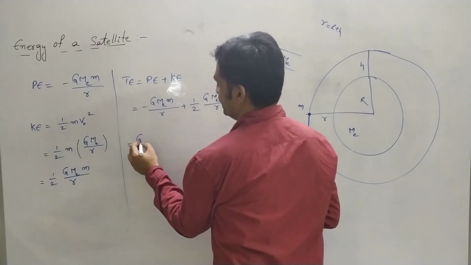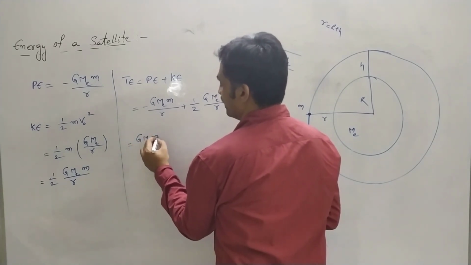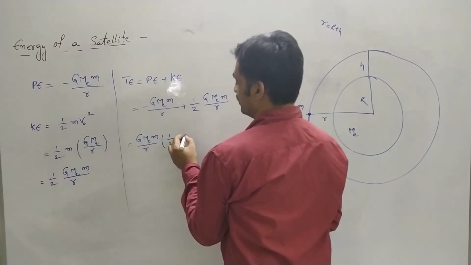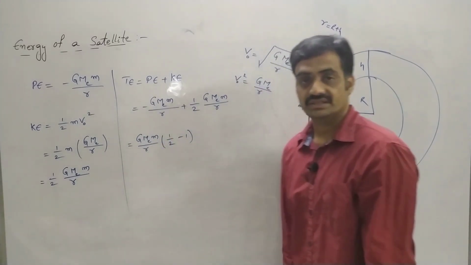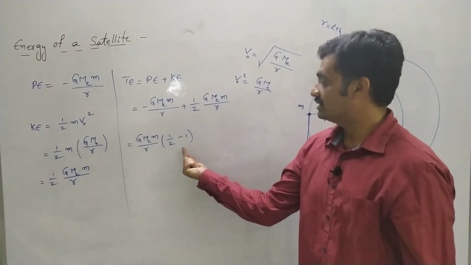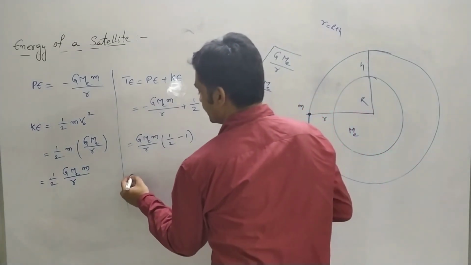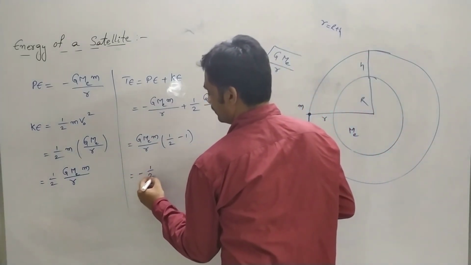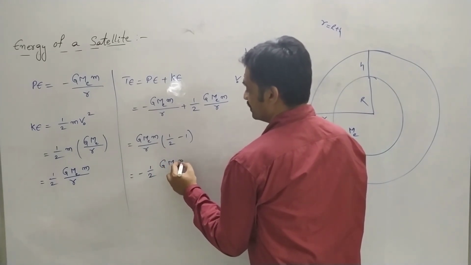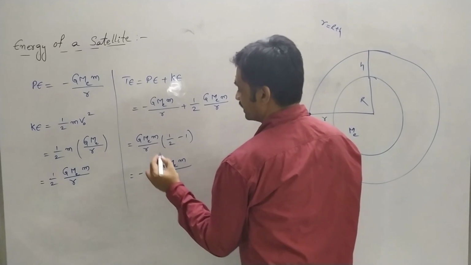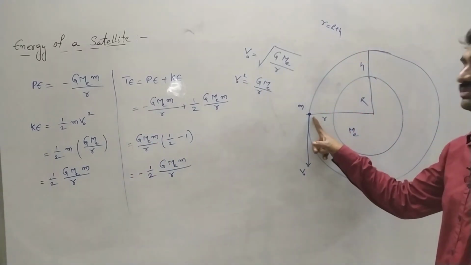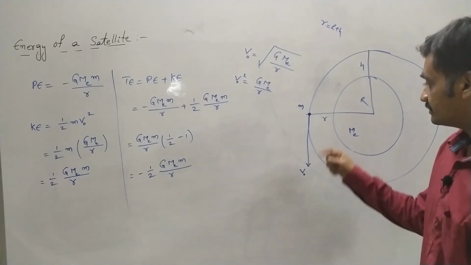As we take G M_e m by r as common, 1 by 2 minus 1 is left, which is minus 1 by 2. So here we get a minus sign. Then the total energy can be represented as minus 1 by 2 G M_e m by r. This represents the total energy of the satellite possessed at this point.